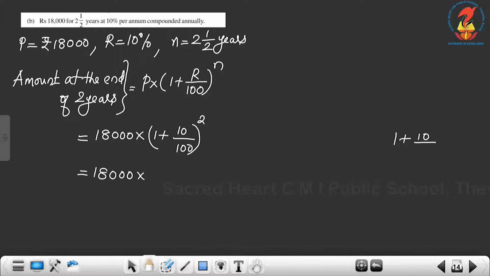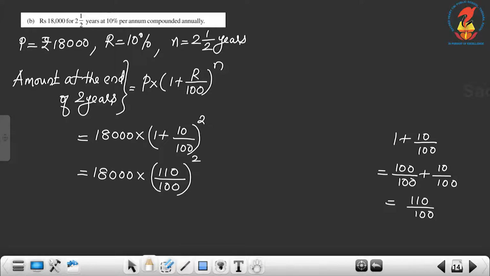We can write 1 as 1 by 1. The LCM of 1 and 100 is 100, so 1 can be written as 100 by 100 plus 10 by 100, which is equal to 110 by 100. So we get 18,000 into 110 by 100 into 110 by 100.